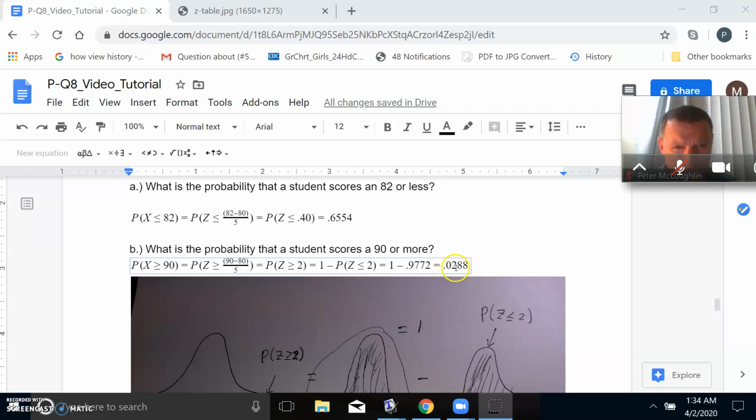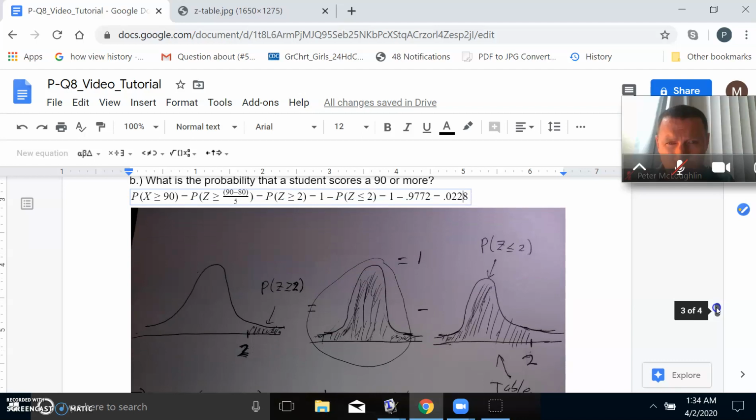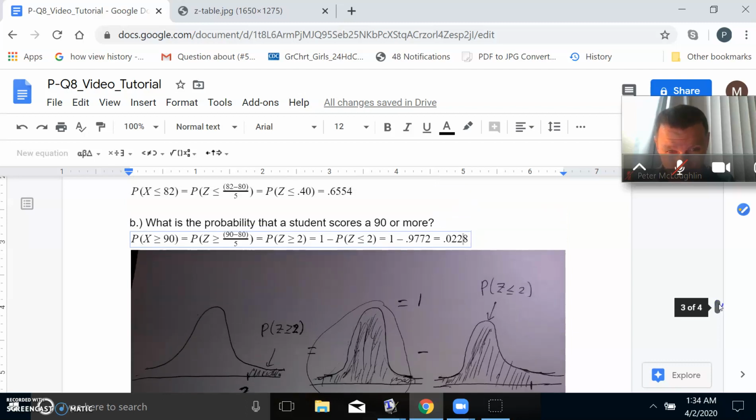Okay, so I just noticed there should be 0.0228 here. So we're done with part B. So there's just over a 2% chance that a student would score 90% or more. You have to move the decimal point 2 places to change this to a decimal, so it'd be a 2.28% chance.